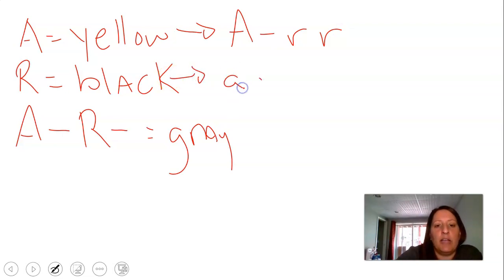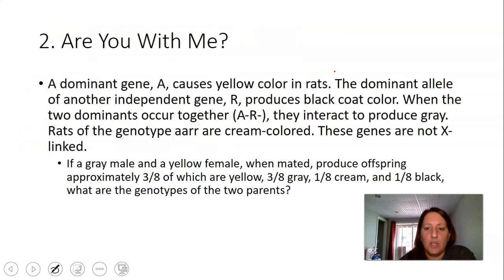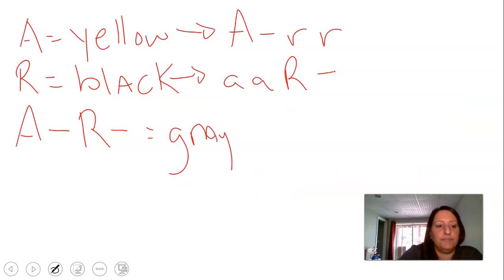It must be little a, big R dash, because if there was a big A there, it would give me gray. So that's how much I know so far. And then it says rats of the genotype little a, little r are cream. Little a, little r equals cream.